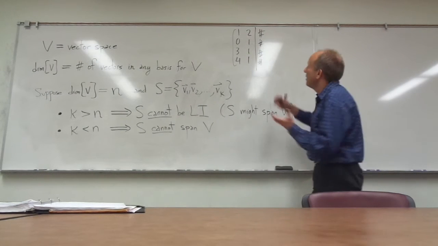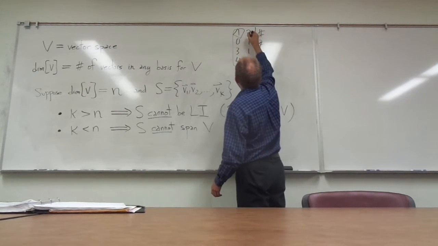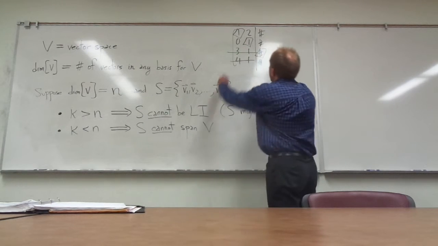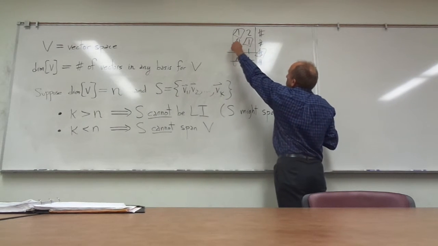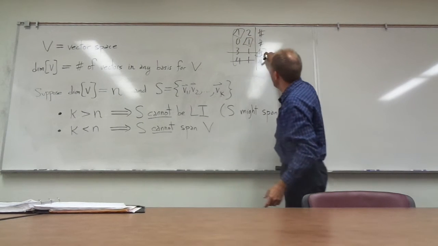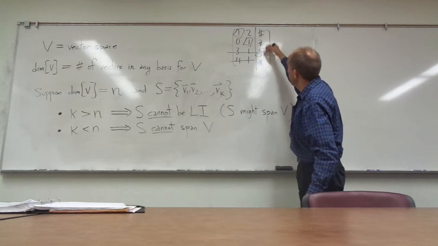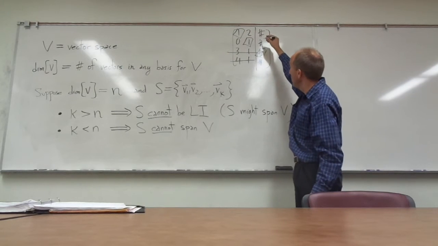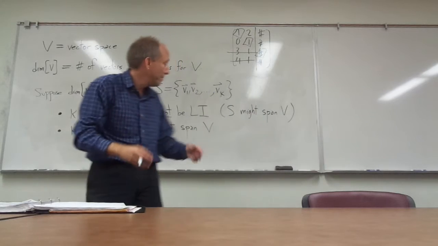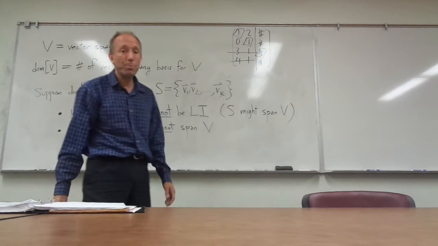Well, you know that this third row, for example, is going to get zeroed out by the elementary row operations, and you're going to end up with a pivot over here in this far, far right column, and that's bad. For a tall, skinny matrix like that, there's no way that S could span V.